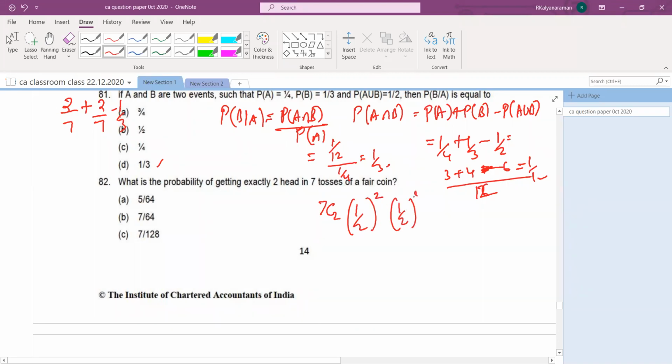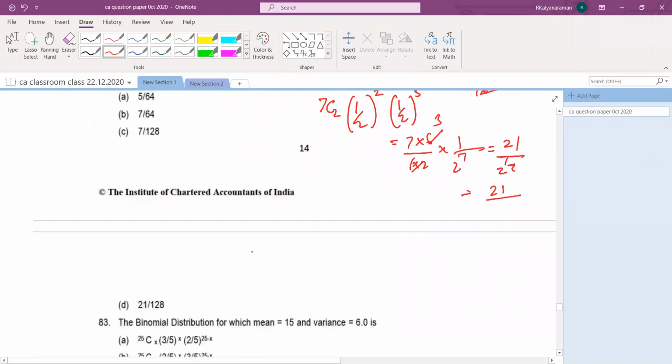Remaining, you have to get tails. So it is 7C2, so 7 into 6 by 1 into 2, into 1 by 2 power 7. So you get 21 by 2 power 7. In other words, it is 21 by 2 power 7, which is 128. 21 by 128.